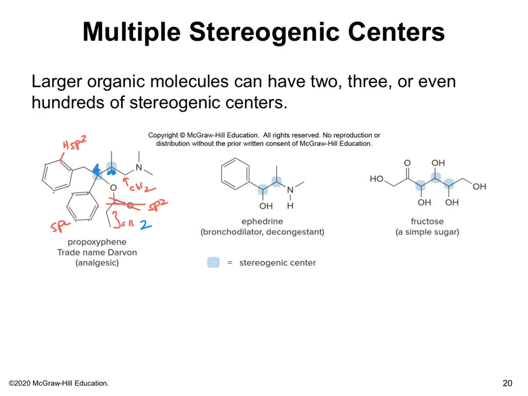We have CH2s and CH3s. The only one we're looking at is this one here, and what are the 4 groups? This is a phenyl, this is a phenyl, and then a CH2, so that's a different group. Here and here. There are 3 stereogenic centers there. So work on some problems and do some example problems.